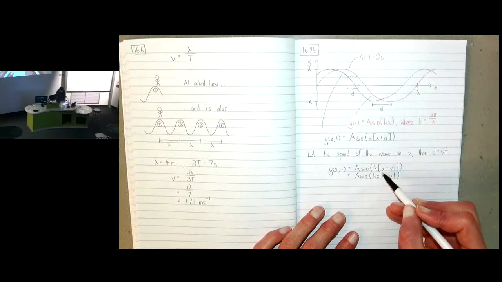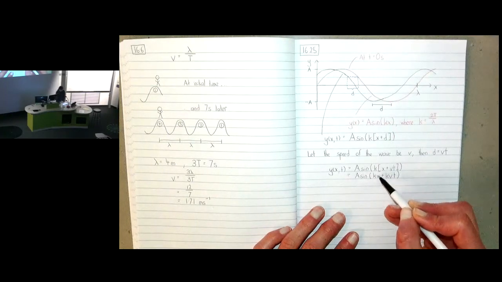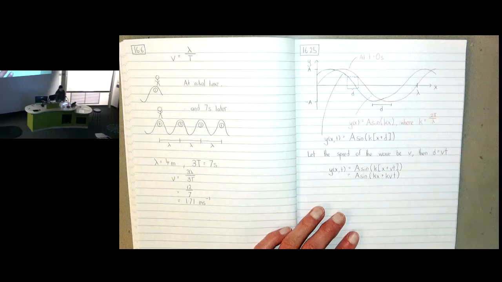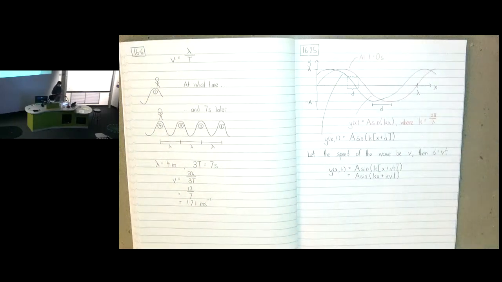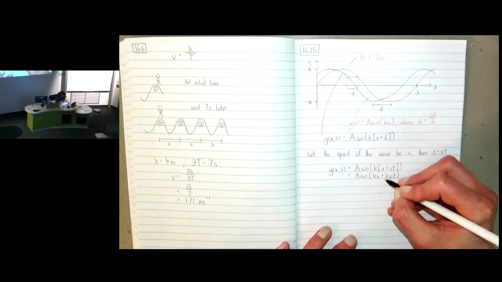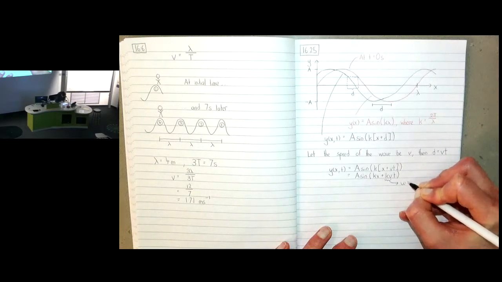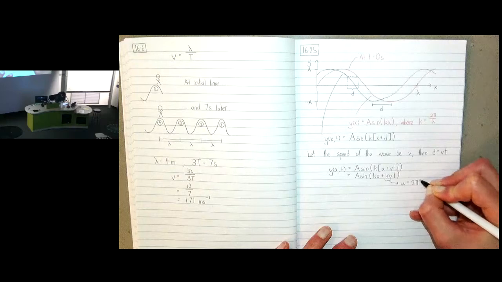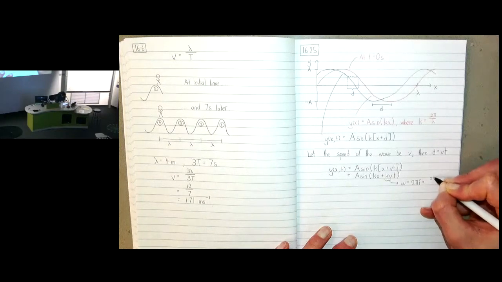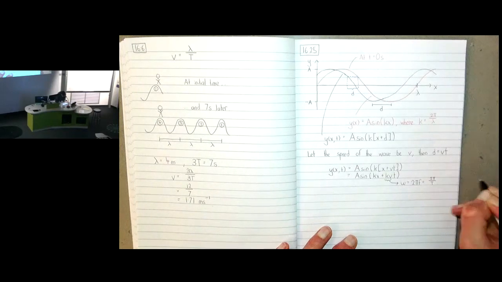The only difference is this sign here. Previously we had a minus sign there, now we've got a plus. So this thing here is exactly the same as omega, which is 2 pi times the frequency, which is equal to 2 pi divided by the period.